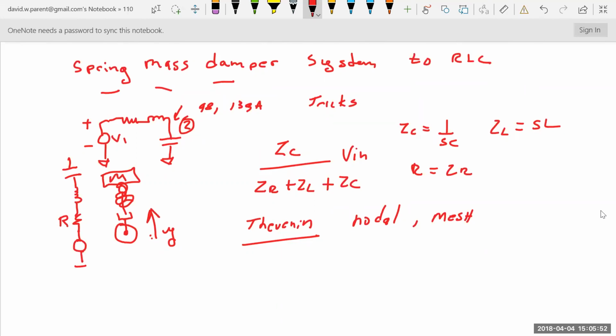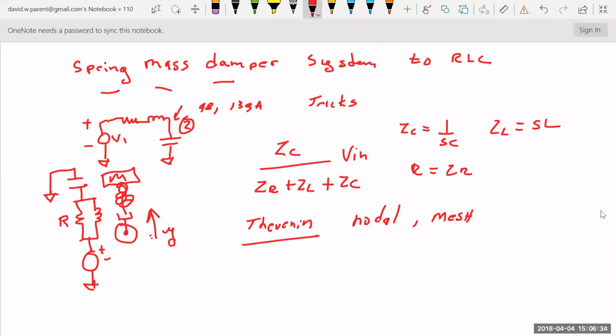And I'm going to get into it a little bit later, but we can have an input voltage and an output voltage. Oh, no, I said that was in parallel, so excuse me. Darn it. So we have the resistor in parallel with the inductor. That goes to the capacitor. Sorry about that.